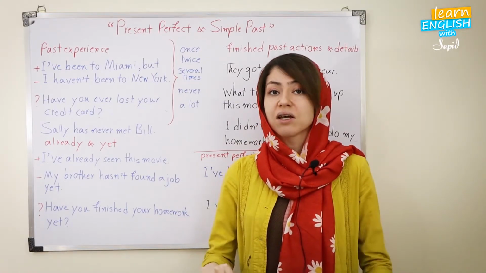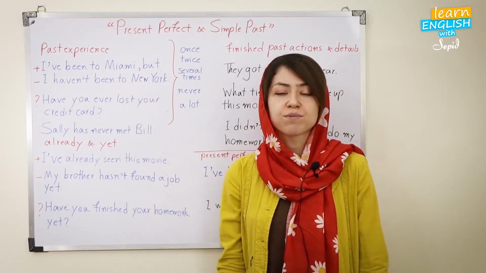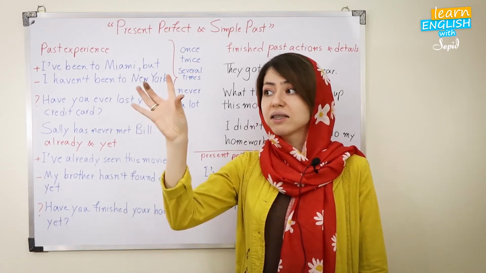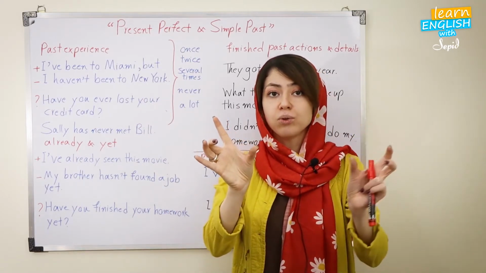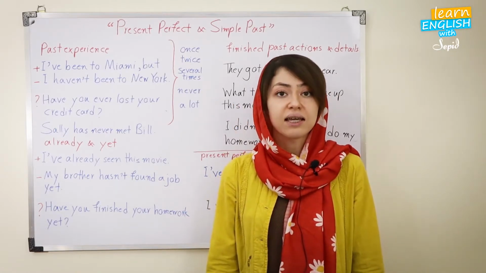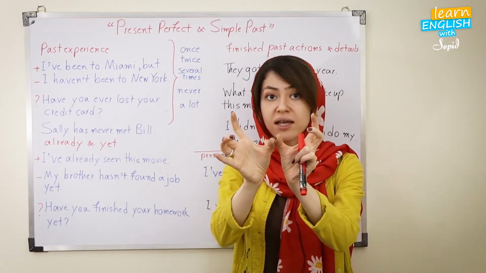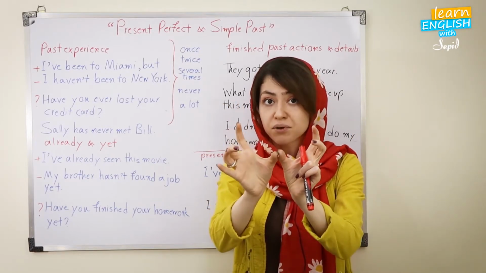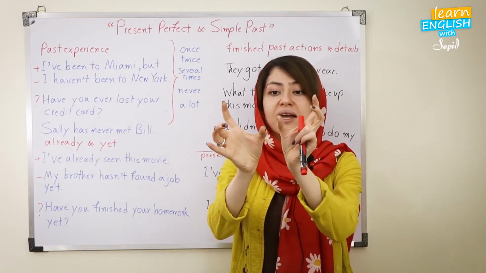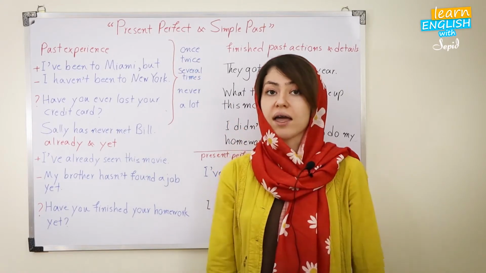Because of that, we use present perfect tense for past experiences because we want to link the past to the present. Present perfect means linking the past tense to the present tense, okay? This is present perfect. You do something in the past and the result is important now, okay?